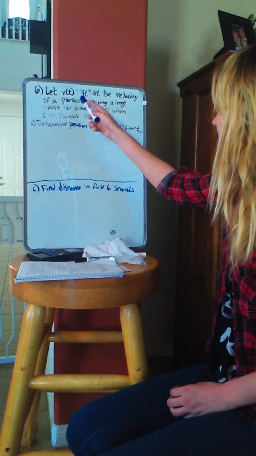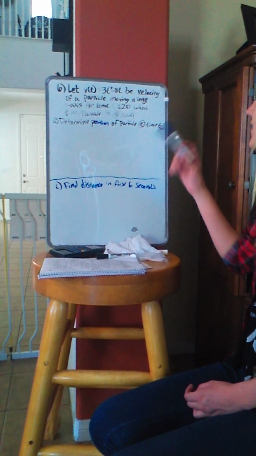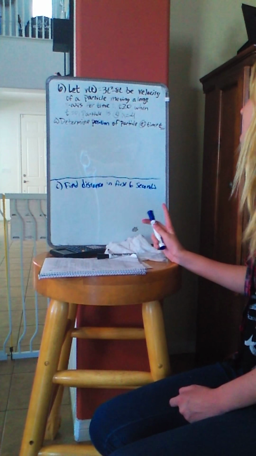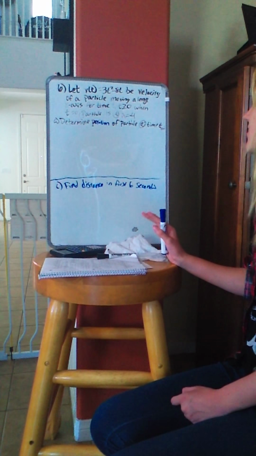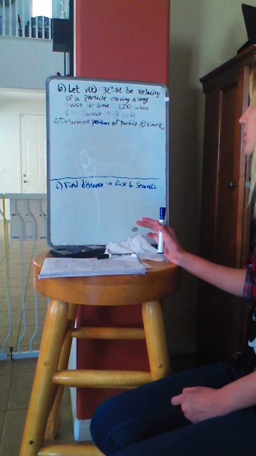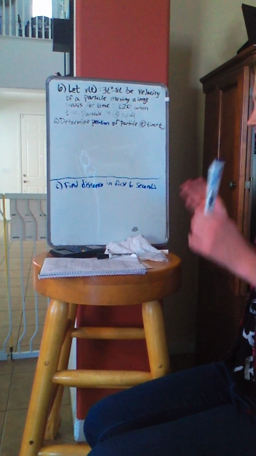Let velocity v(t) equal 3t squared minus 8t, the velocity of a particle moving along the x-axis for time t, where t is greater than or equal to 0. When t equals 0, the particle is at x equals negative 4.